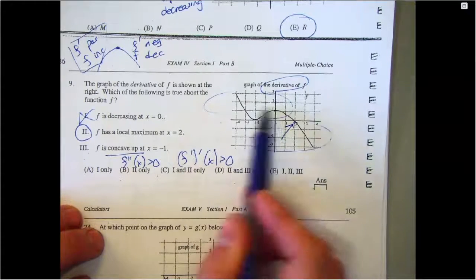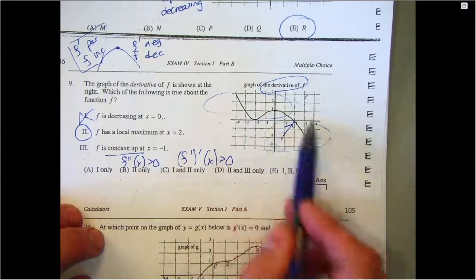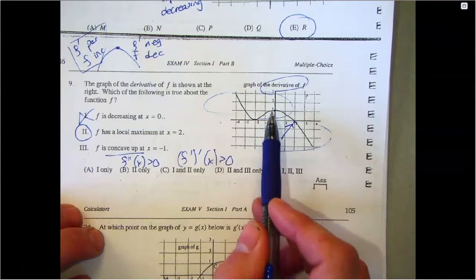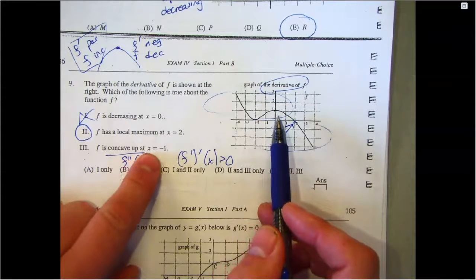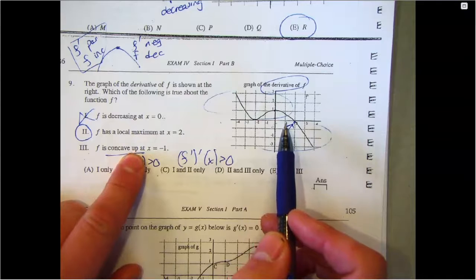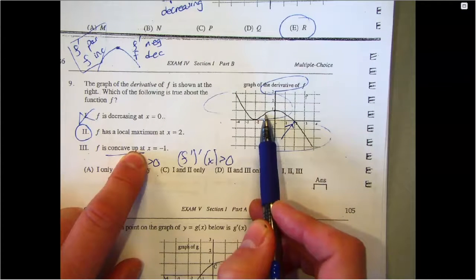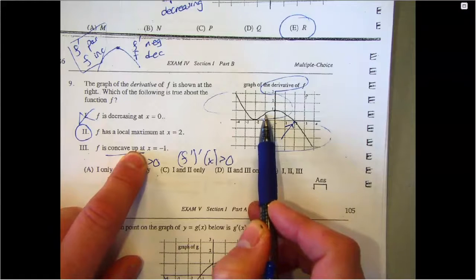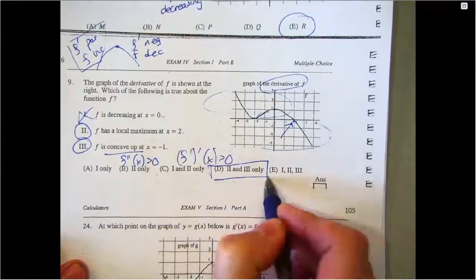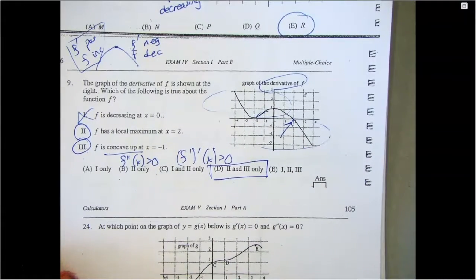So what do I do to take the derivative of a graph? Let's look at the slope. Is the slope of this graph positive to represent up when x equals negative 1? It is. So 2 and 3 are both true. Nice.